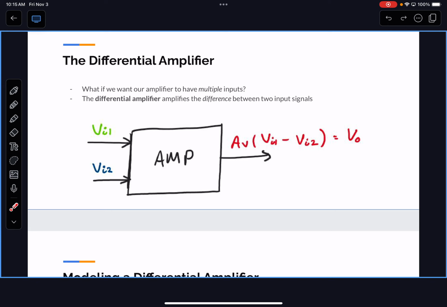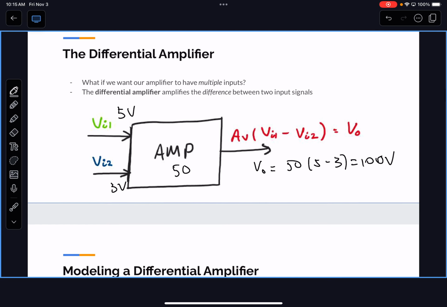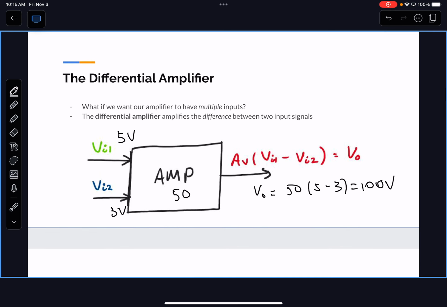So let's say VI1 is 5 volts, VI2 is 3 volts, and your gain is 50. Then your final output will be V0 equals 50 times (5 minus 3), which is 100. Does that make sense? This is called a differential voltage amplifier, and this is actually the building block of the operational amplifier. We'll see in just a second.